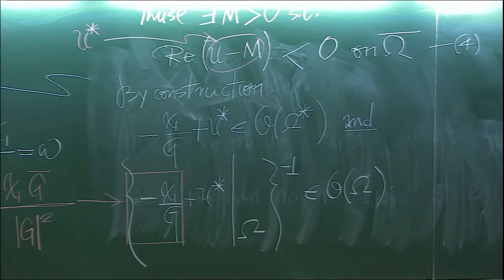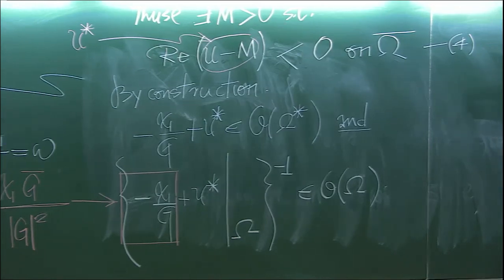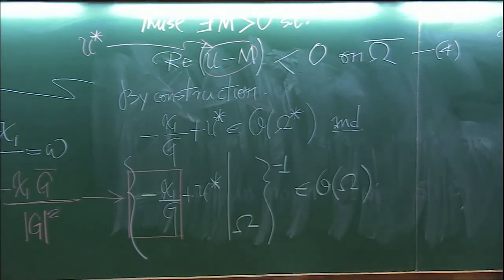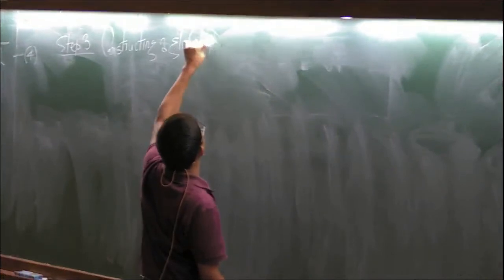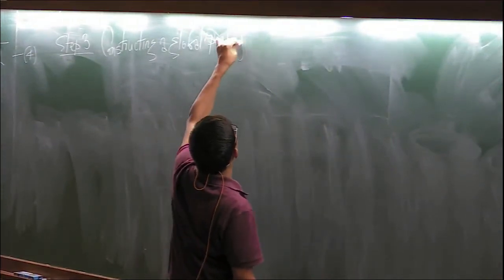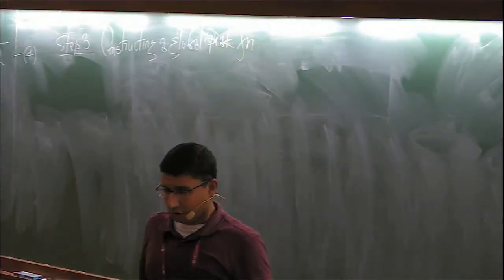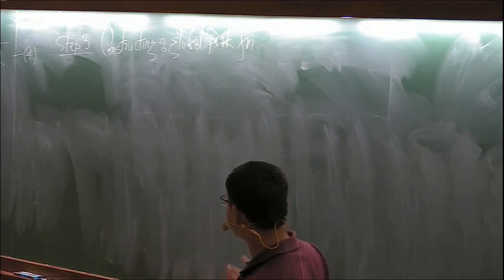See that? Now, at this point, this is the final step, so I'm ready to deal the knockout blow. This is constructing a global peak function. So the question that arises: why did I take this particular datum?